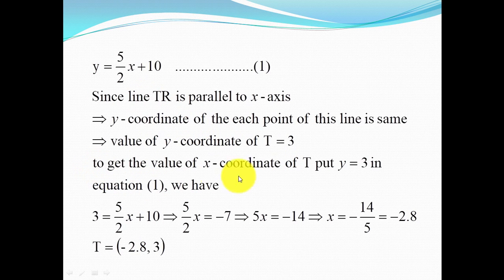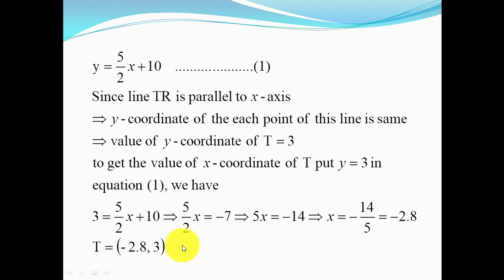To get the x coordinate of T, put y equals 3 in equation number 1. Because T also lies on this line, we can find the second coordinate of T from here by putting in the value of y.